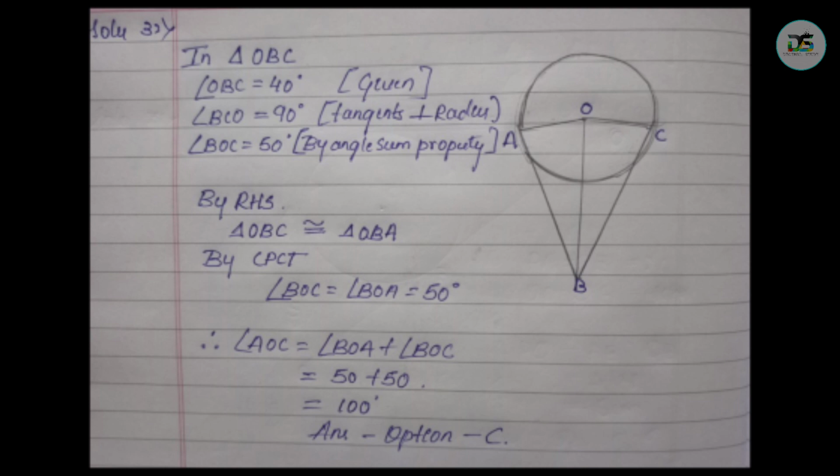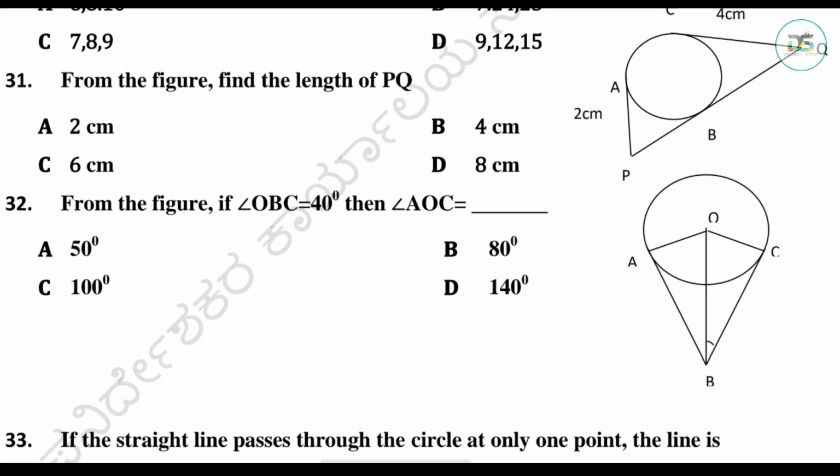By CPCT, angle BOC is equal to angle BOA is equal to 50 degrees. So therefore, angle AOC is equal to angle BOA plus BOC. So therefore, 50 plus 50 is equal to 100. So therefore, the right answer is option C, 100.